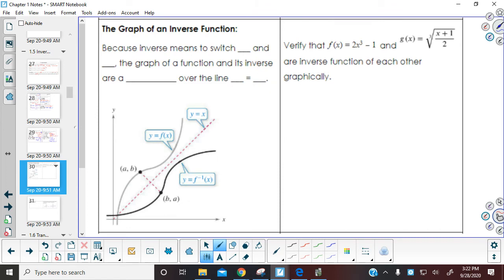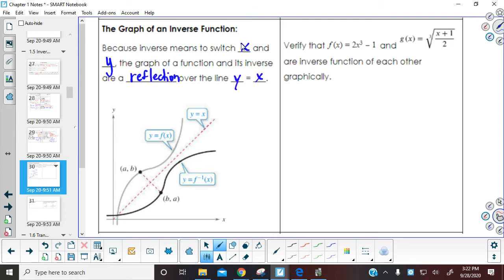Okay, so let's talk about the graphs for just a minute. So because the inverse means to switch your x and your y, the graph of a function and its inverse are a reflection over the line y equals x.